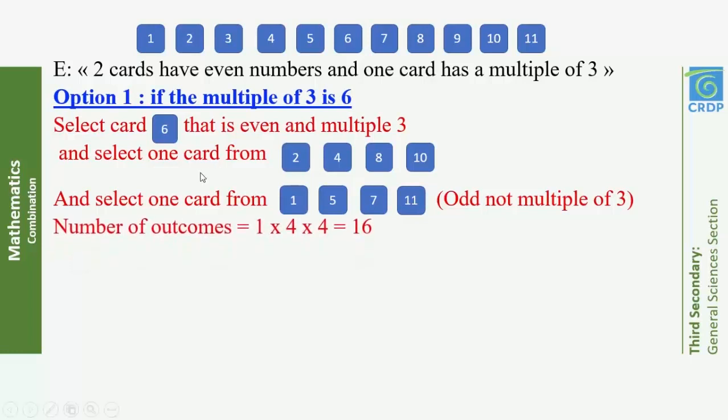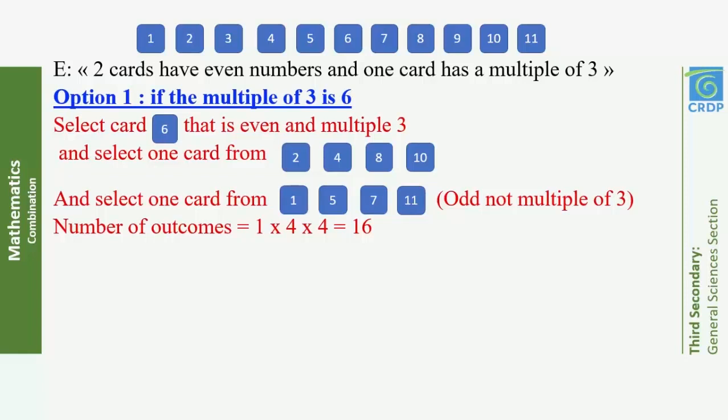So I will have number of outcomes that is equal to 1, this is for the card number 6, and 4, this is for the 4 different choices of one card among the even cards, and this is for the 4 different choices of odd cards that are not multiple of 3, which will give me a total of 16 outcomes.